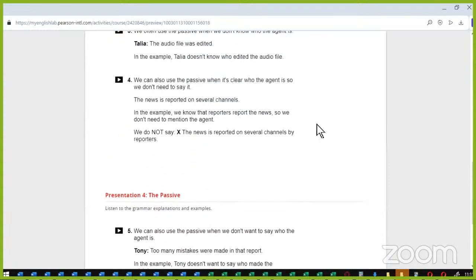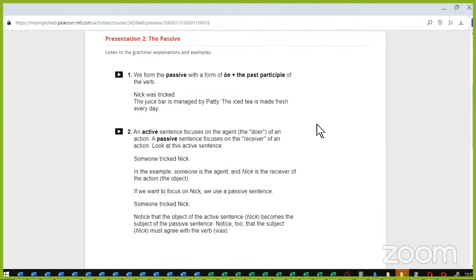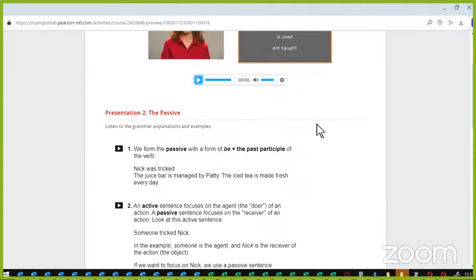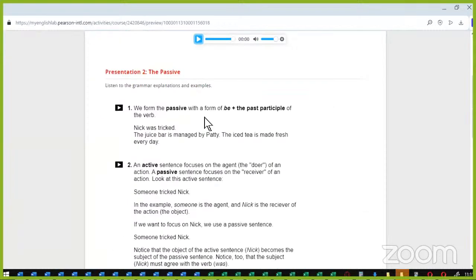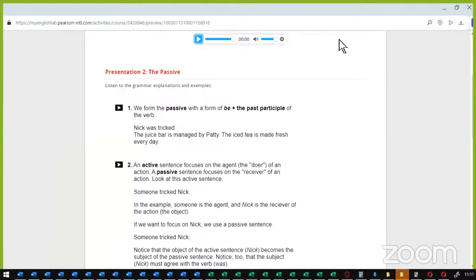Okay. So let's read. So we form the passive with a form of be plus the past participle of the verb.